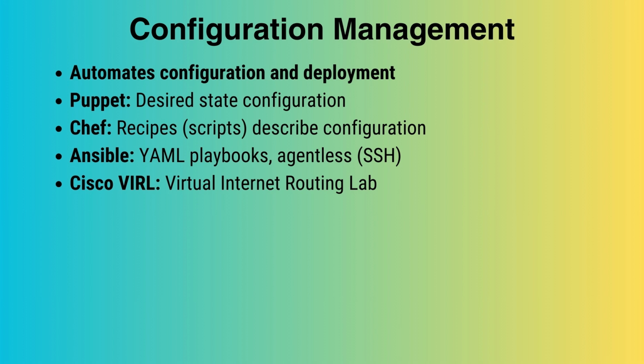Understanding configuration management, including tools like Puppet, Chef, Ansible, and Cisco VIRL, is crucial for automating network operations and ensuring consistent configurations. Effective configuration management improves network reliability, accelerates deployment, and simplifies the management of complex network environments.